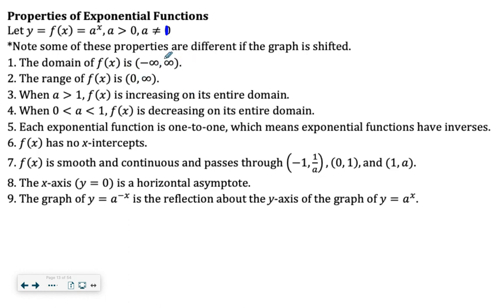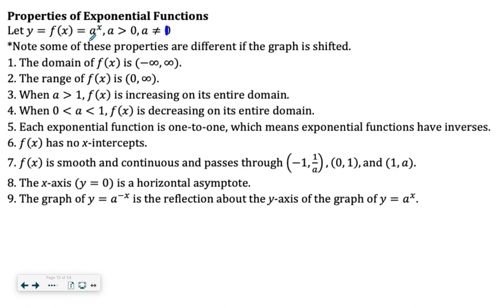But the domain of any exponential function is all real numbers. The range is just 0 to infinity. Now again, we could shift the graph and our asymptote would change, but the range is 0 to infinity.